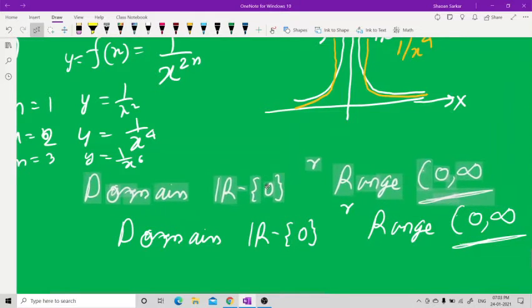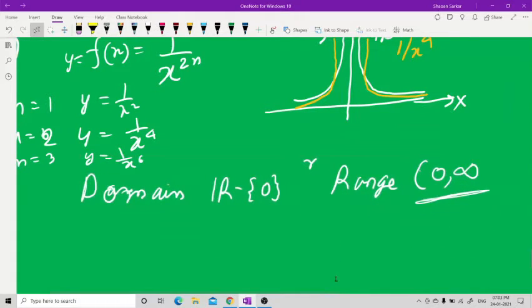Let me put it somewhere here. Let me rub this and put the line. Domain and range remain the same. Nothing changes. So now with this, you have some idea how these graphs behave.